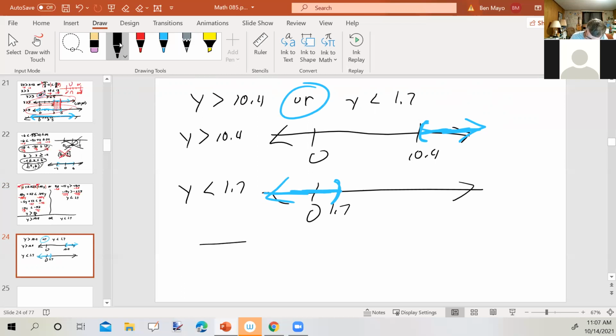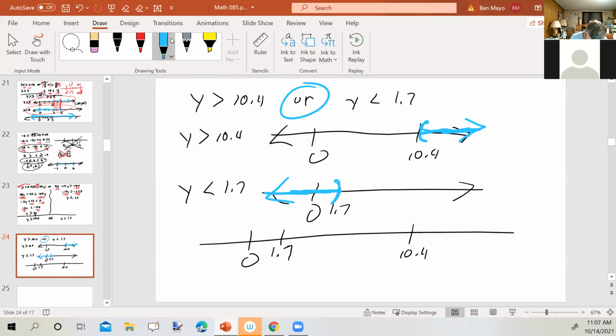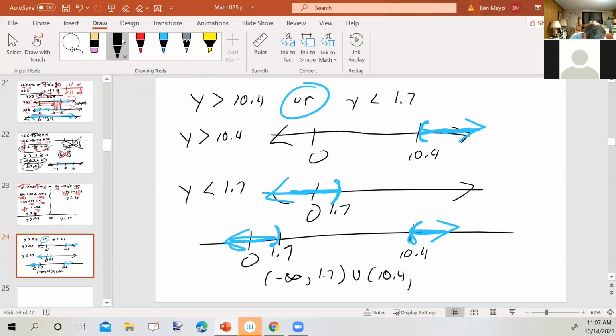So since they don't overlap, let's see, 1.7, 10.4, our union graph, oops, wrong direction there, would look like this, as well as that, and in interval notation, negative infinity to 1.7 in union with 10.4 to infinity. And don't forget to put that symbol between them, implying that it's the union of the two.